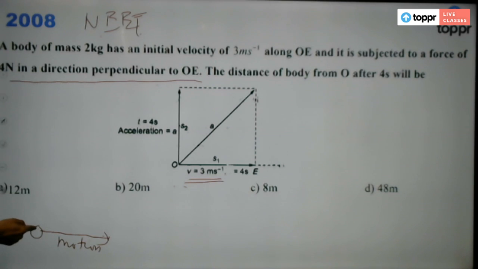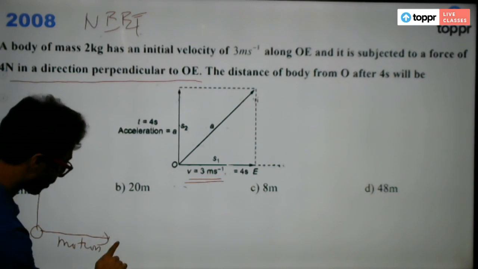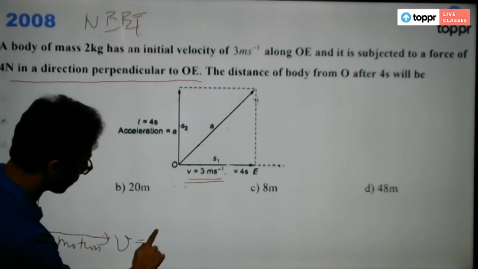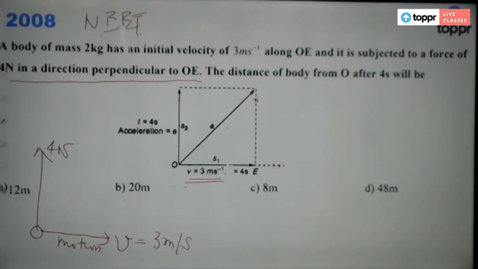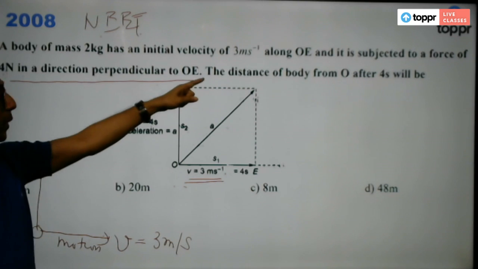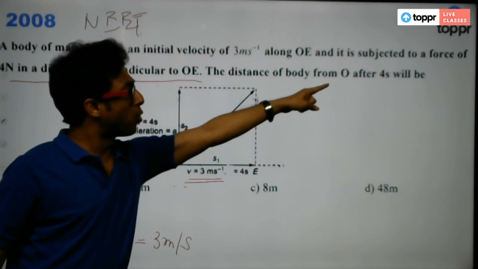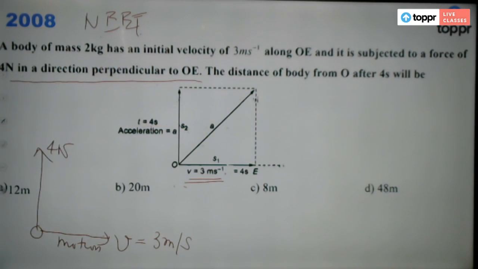The force applied is 4 Newton perpendicular. Here the velocity v equals 3 meter per second. The question is, the distance of the body from O after 4 seconds will be.